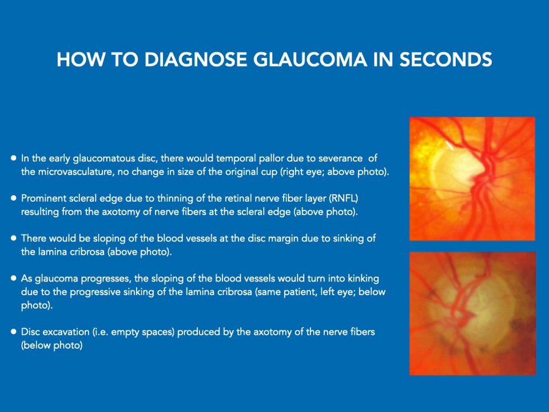There would also be sloping of the blood vessels at the disc margin due to sinking of the lamina cribrosa. As glaucoma progresses, as can be seen on the bottom photo, the sloping of the blood vessels will turn into kinking due to the progressive sinking of the lamina cribrosa, and disc excavation will be produced by the exotomy of nerve fibers.